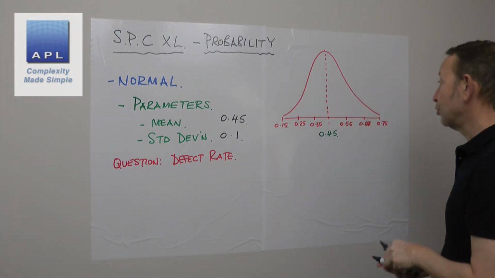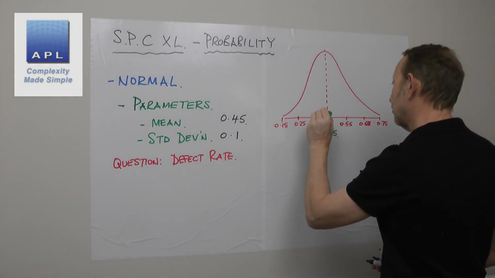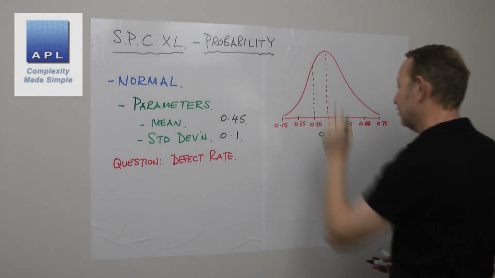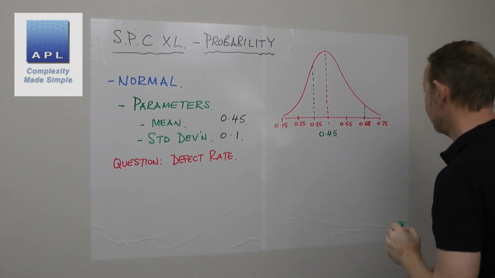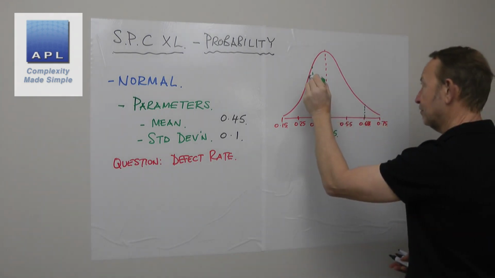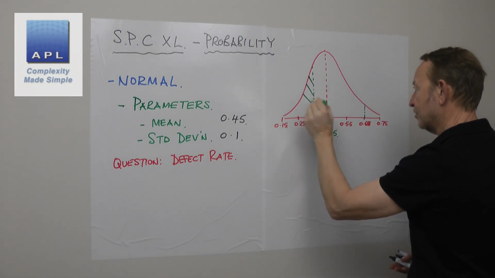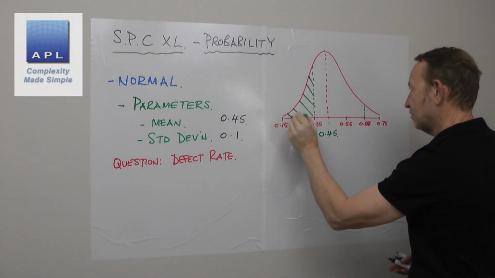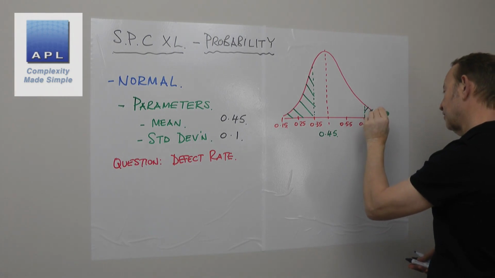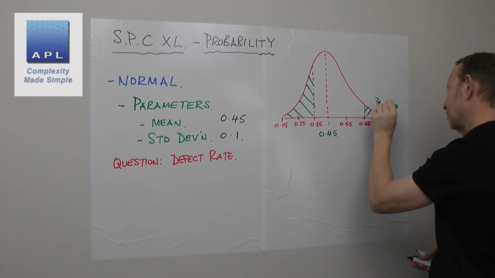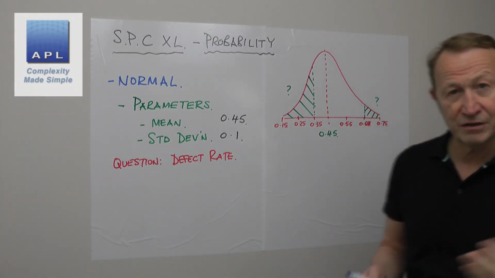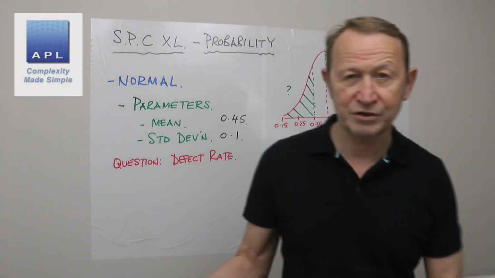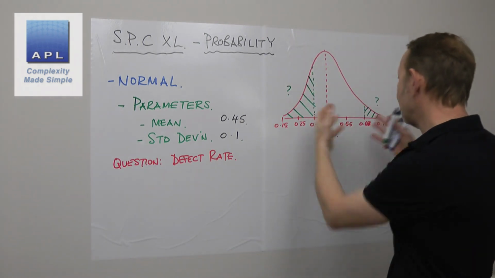Then what I can do is drop the tolerances on this. The bottom tolerance is sitting here at 0.35. The top tolerance is sitting there at 0.65. So what we're interested in is the left-hand tail and the right-hand tail. What's the defect rate too small? What's the defect rate too large? And so we can draw this picture.